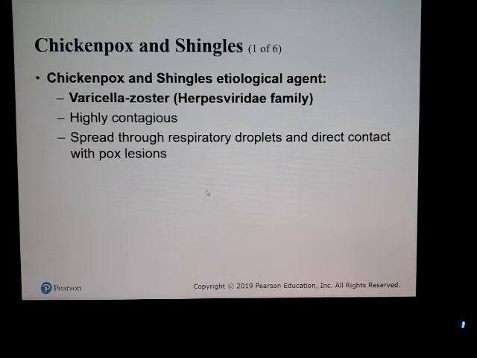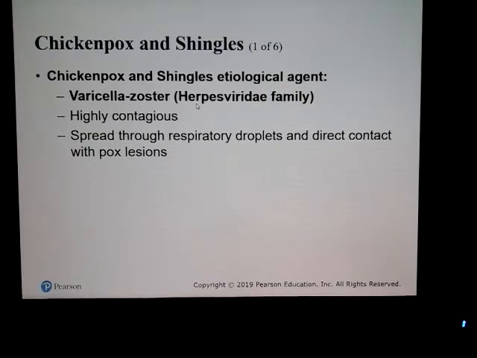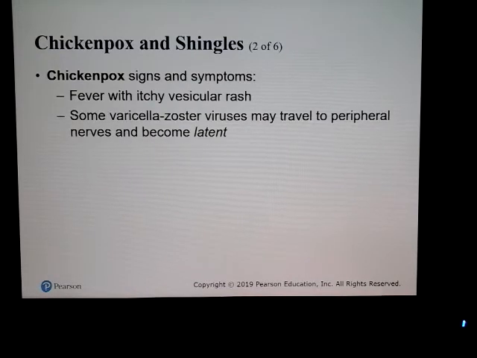So the first disease I'd like to talk about, guys, is chickenpox. And please know that chickenpox and shingles are caused by varicella zoster. They are a herpes type of virus. So what that means is that once you get the viral infection, you're always going to wind up having it.